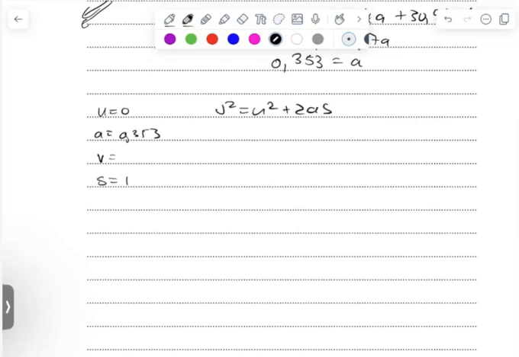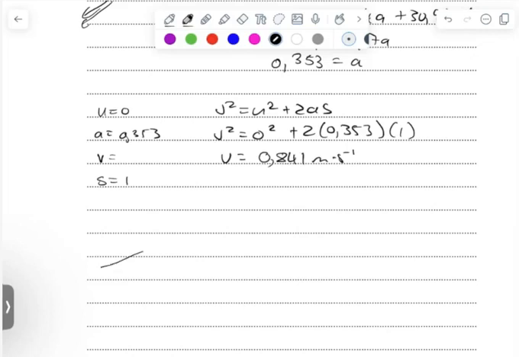So here we have v squared is 0 squared plus 2as. So our final velocity is then 0.841 meters per second, something like that.